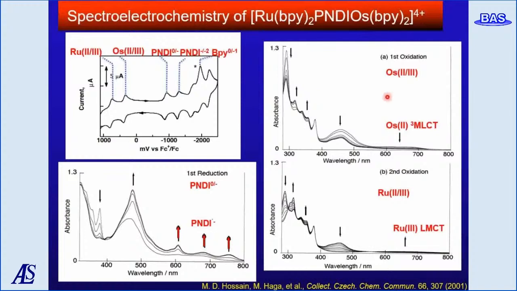Also, in the first oxidation of osmium, the MLCT absorption characteristic of osmium(II) at around 600 nanometers disappeared, and in the second oxidation, the MLCT absorption at 400 nanometers disappeared.